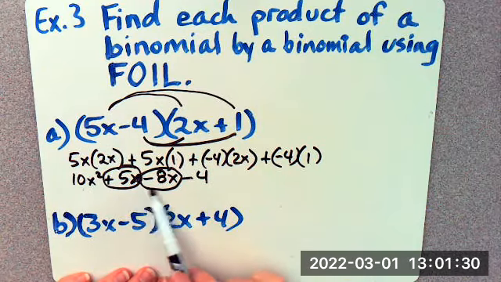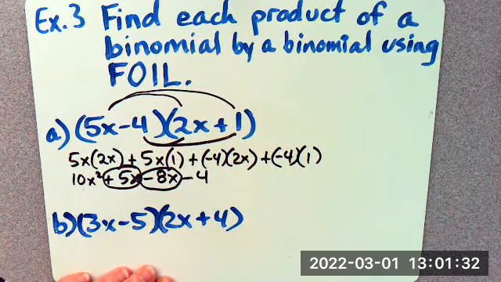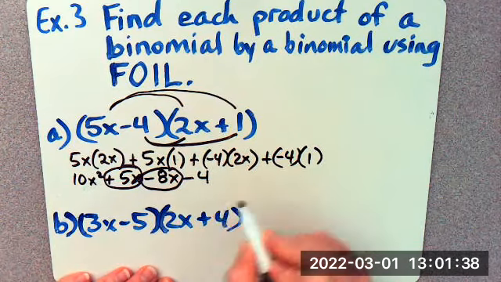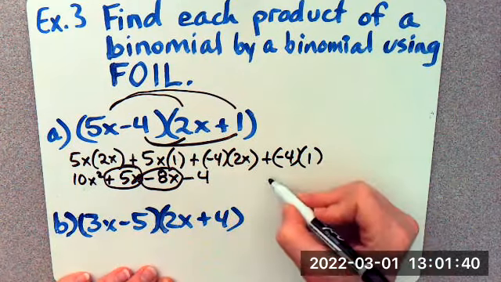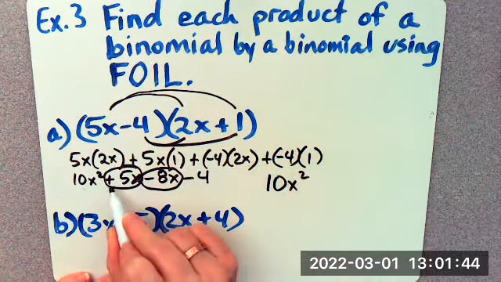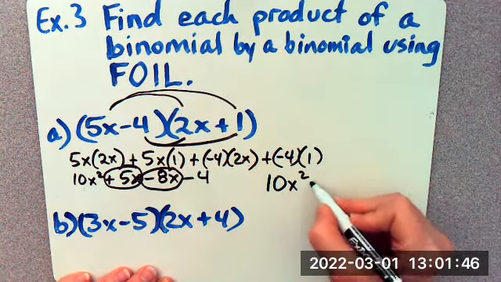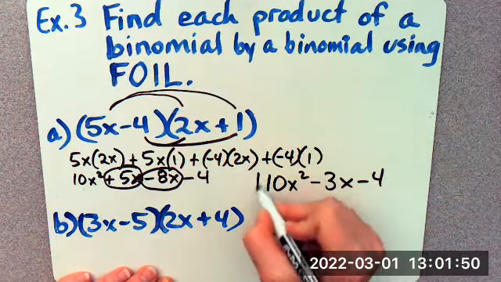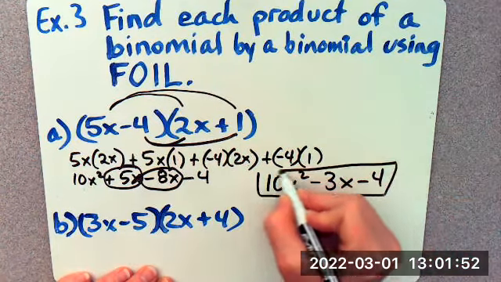So typically the middle terms are similar, so be careful to look for the like terms there. So our final answer for this one is 10x squared, and then 5x minus 8x is negative 3x, minus 4. So that would be our answer for that one.